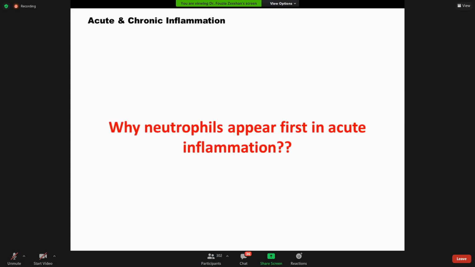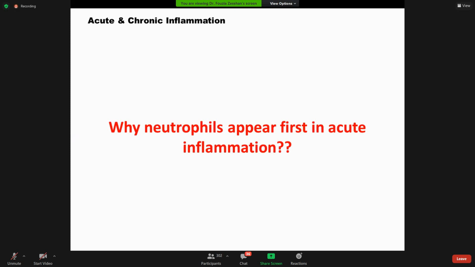The question is that we have different leukocytes. Neutrophils are responsible for acute inflammation only, and the macrophages are found in chronic inflammation. But why do the neutrophils appear first in acute inflammation, and why are they not present in chronic inflammation?